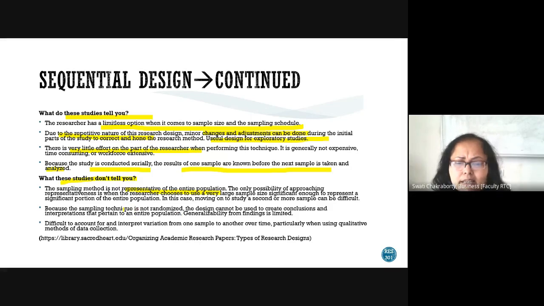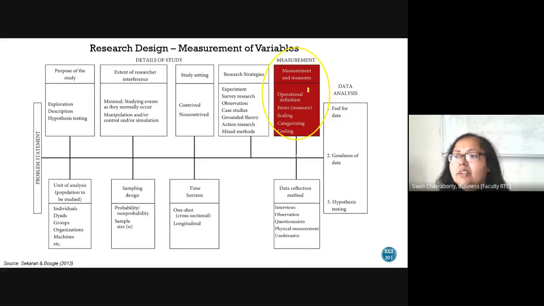Because this technique is not randomized, the design that we use cannot be used to create conclusions and interpretations that can be applied to the entire population. So the generalizability from findings is limited, and it's difficult to account for and interpret variation from one sample to another over time, particularly when using qualitative methods of data collection, right? So this is the research design we are talking about.